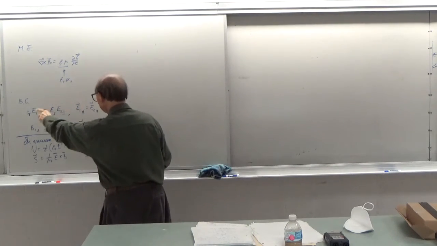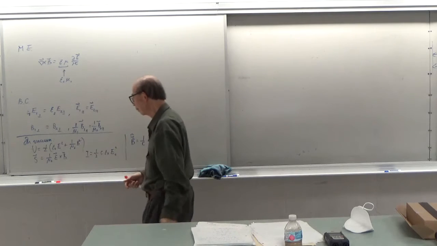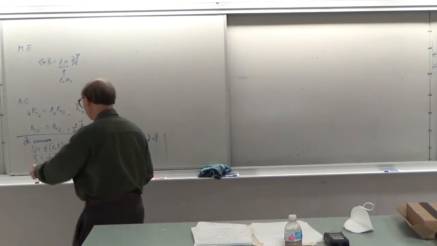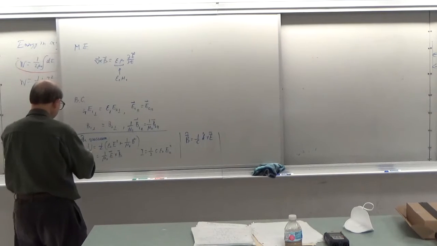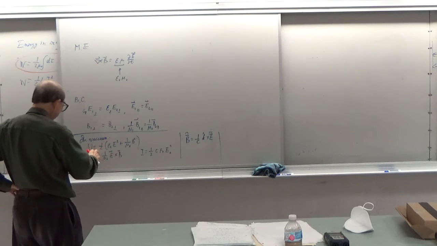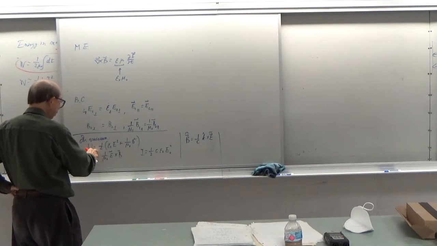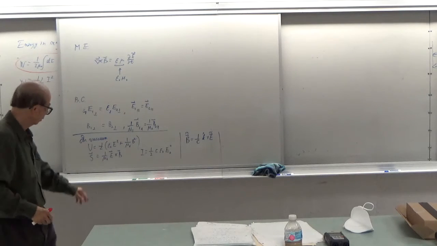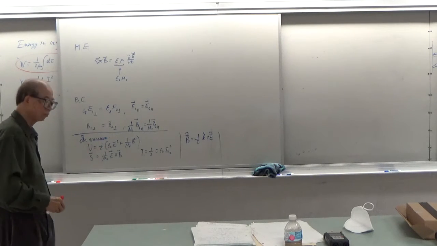And the 4 boundary conditions are given here. We also, last time, derived the energy density of the electromagnetic waves, which is given by this, and the Poynting vector is given by this expression, in vacuum.